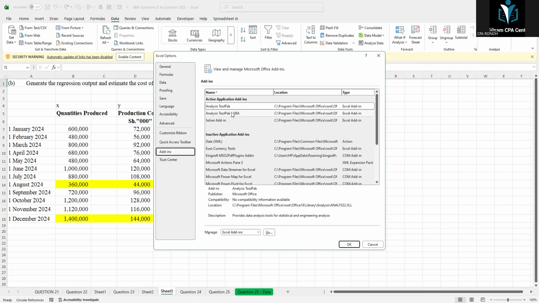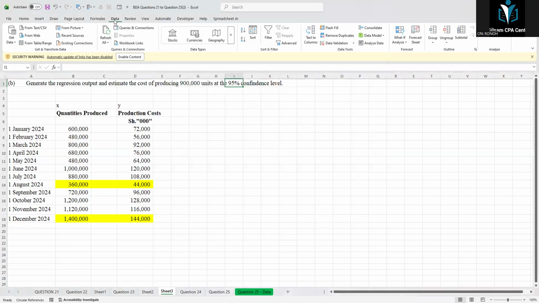Okay, have been activated. Now, once you have activated, you should be able to find it when you go to the Home tab and then click Data. You should be able to see Data Analysis.